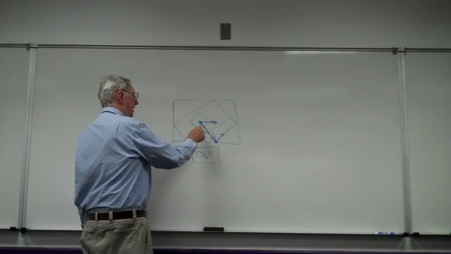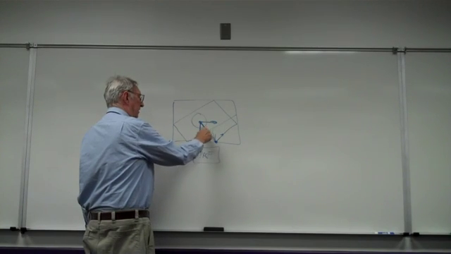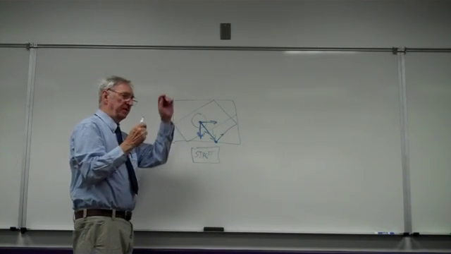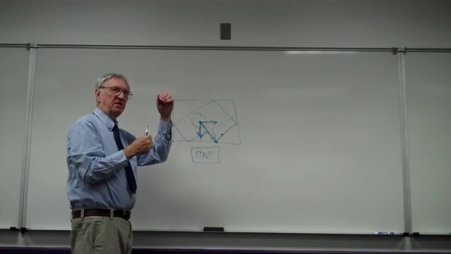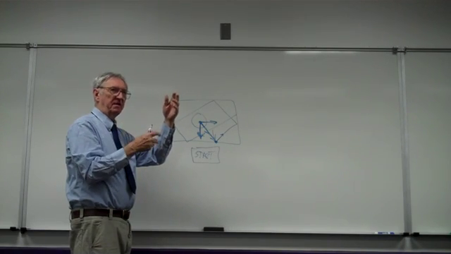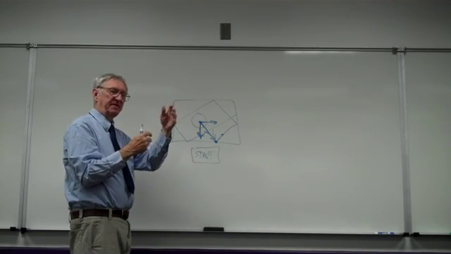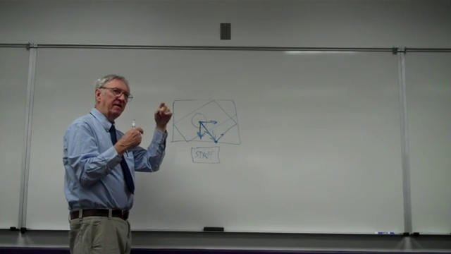So what I do is, I keep watching this vector and this vector. They're both acting on the circle. They're saying, go down a little bit, go right a little bit, go down a little bit, go right a little bit, and I keep looking at where they are.